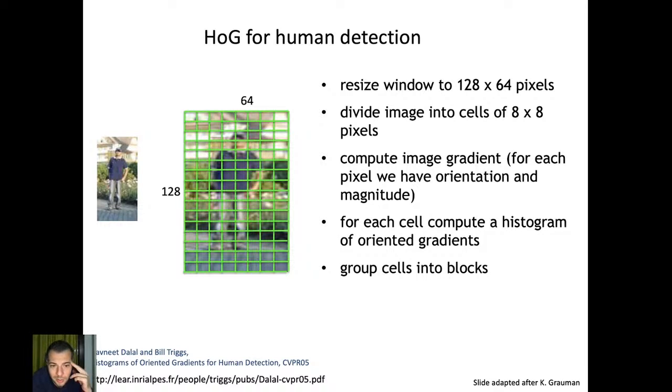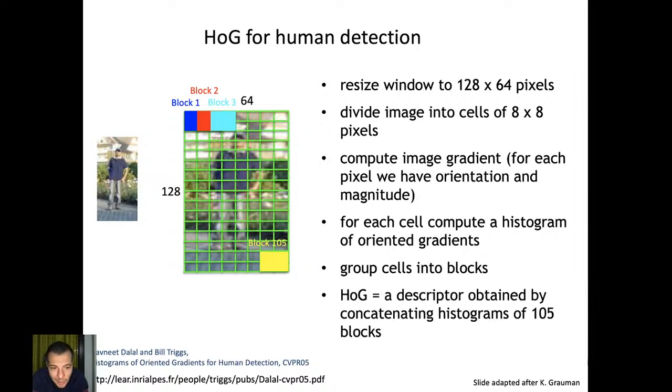So the cells are grouped into blocks then. The blocks typically contain 2 by 2 cells, and the blocks can also overlap. So a block contains 4 histograms, and the descriptor is given by the 105 blocks.